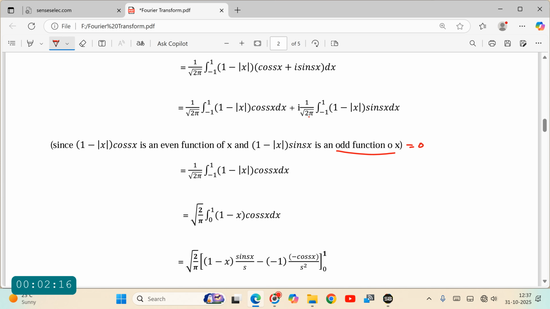And 1 minus modulus x into cos sx is an even function. Thus the odd portion tends to 0 because the function is odd.